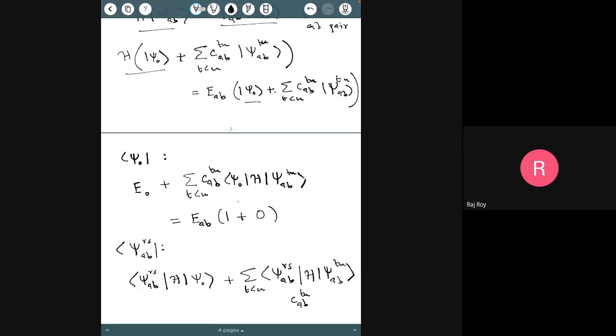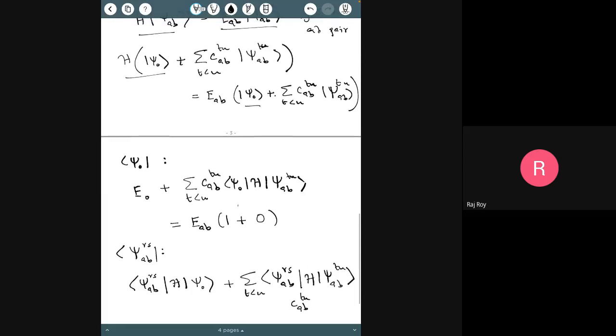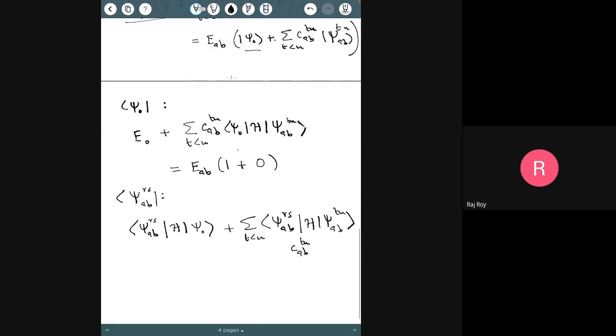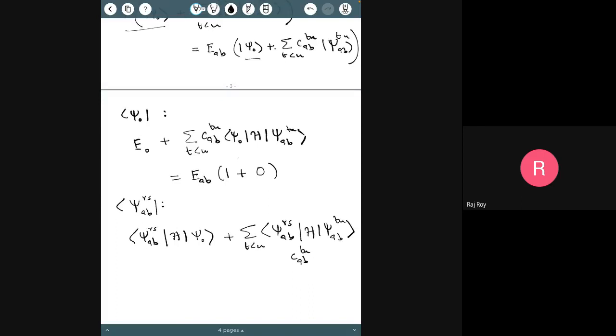On the right hand side, this term psi AB to RS psi 0 is 0, and psi AB to RS psi AB to TU is 1 only when RS is equal to TU. So when the RS composite index is equal to TU, which means the RSth pair is equal to the TUth pair.